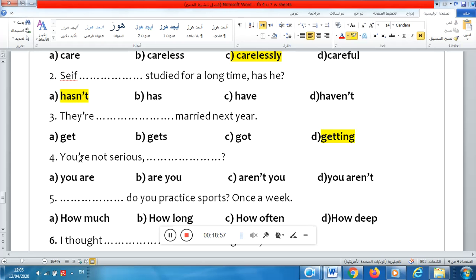If the statement is negative, do we need a negative question tag or an affirmative one? Of course, we need an affirmative one. And don't forget the subject verb transition.